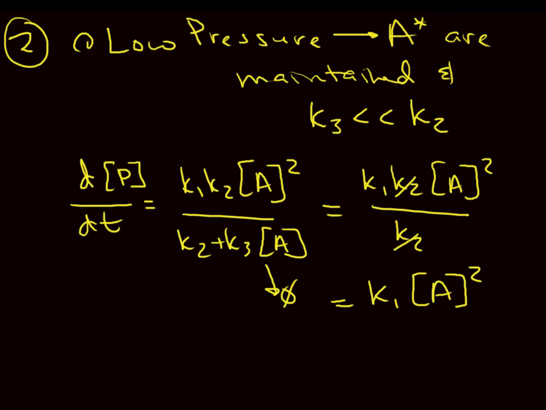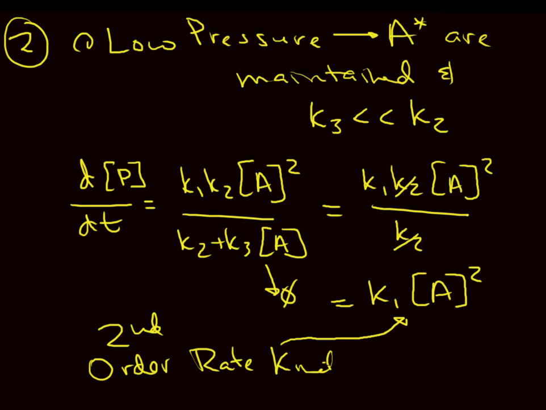And in this particular limiting case in which A star is maintained as an intermediate, you'll notice that we now have second order rate kinetics. And so if we were to double the concentration, we would quadruple the overall rate of formation. And if we were to triple it, then we would increase it by a factor of 9. And so you can see the power of this representation, where we can actually understand how the rate order changes under different conditions.